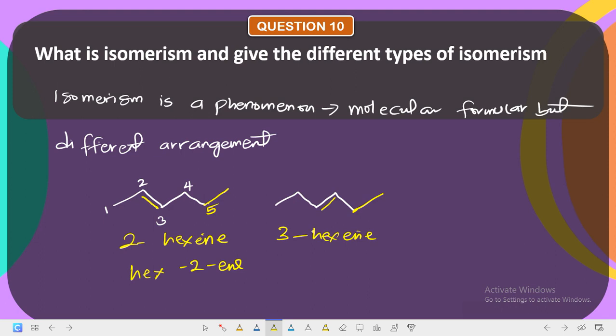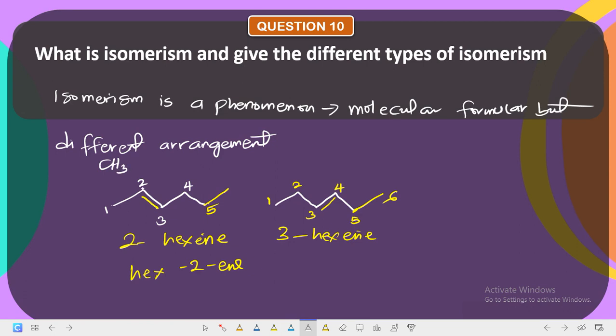Now, if you see the structure of 3-hexene, this is carbon 1, this is carbon 2, this is carbon 3, this carbon 4, this carbon 5, and this carbon 6. Now, if you look at these two molecules very well, if you want to write their molecular formula, you agree with me that this carbon here has 3 hydrogens, so you say this is CH3.